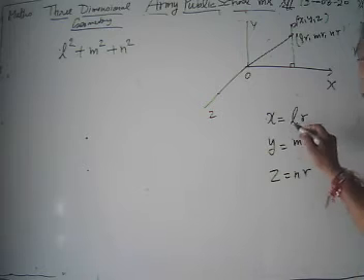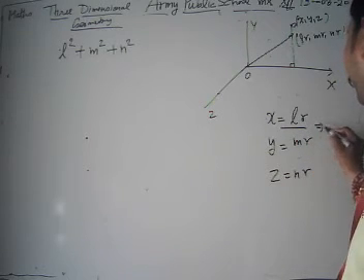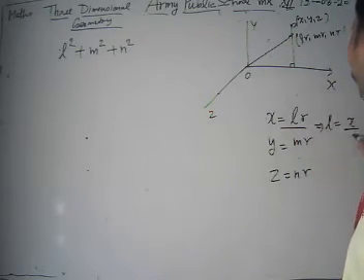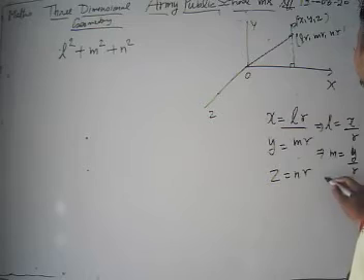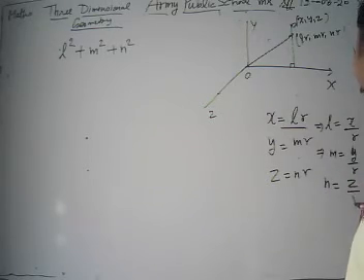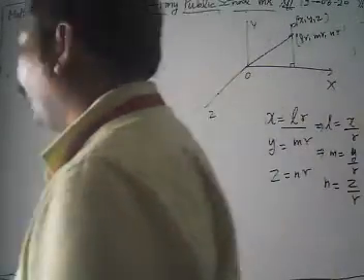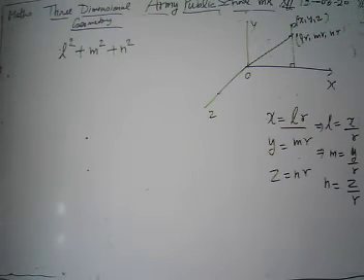Now from here, what is the value of l? We get l as x by r, m as y by r, and n as z by r. Now we have the values of l, m and n in terms of x, y, z.